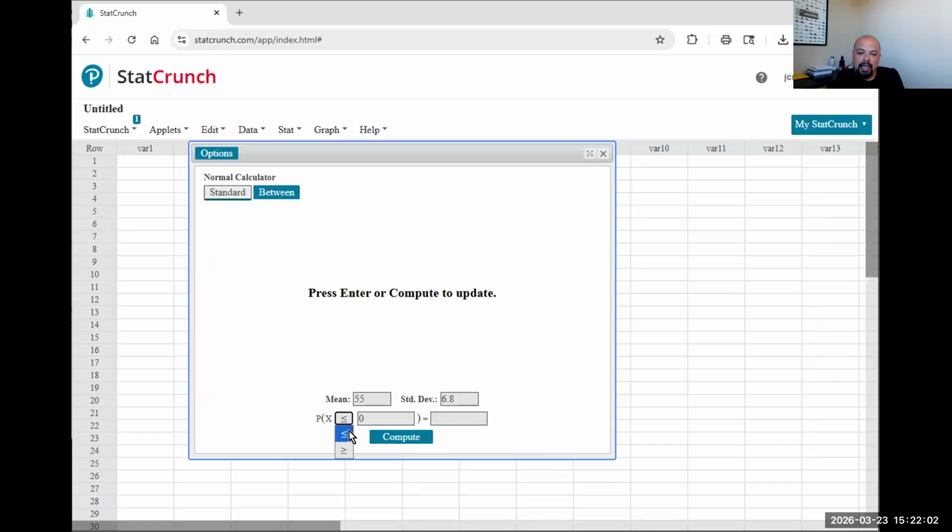Whether we have less than or equal to, or strictly less than, it's not going to make a difference, because getting one exact value isn't going to change anything. So less than or equal to is fine. Once I put those values in, there's my mean and standard deviation. That's where on our papers we make sure we identify what we're typing in. Now we're going to compute.